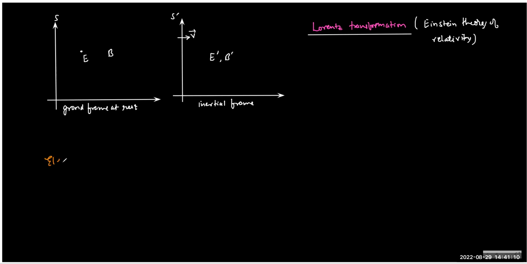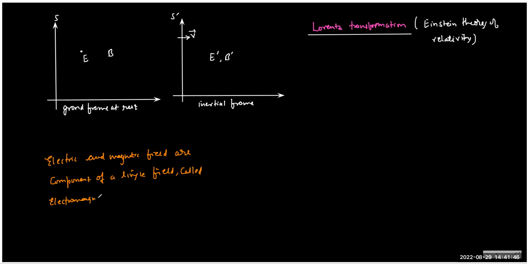So we can say electric field and magnetic field are components of a single field called the electromagnetic field.